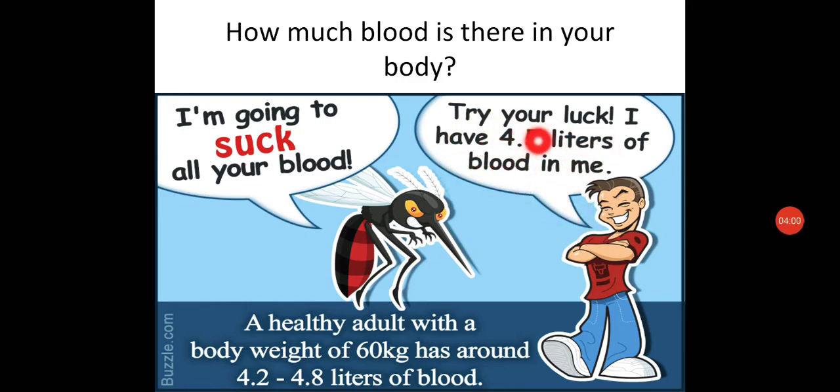I am having 4.5 liters of blood in me. A healthy adult with a body weight of 60 kg has around 4.2 to 4.8 liters of blood. In your textbook, the amount of blood is 5.5 liters.